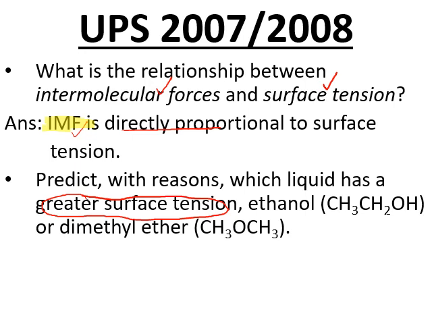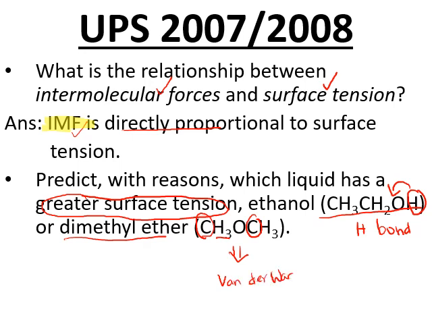Let's look at the intermolecular force for ethanol, which we learned in chapter 4 is hydrogen bond, because the hydrogen is bonded directly to FON. While dimethyl ether cannot form hydrogen bond because the hydrogen is bonded to the carbon. So the intermolecular force for dimethyl ether will be van der Waals force.